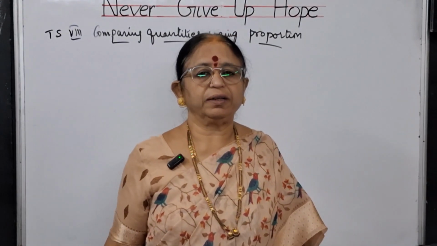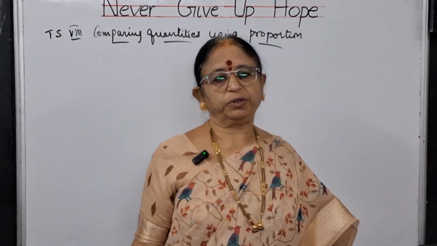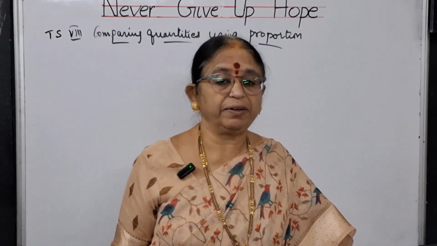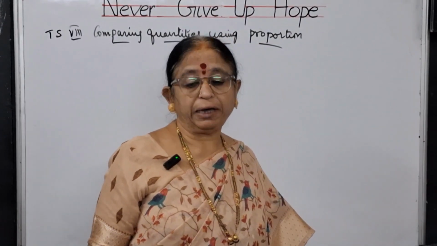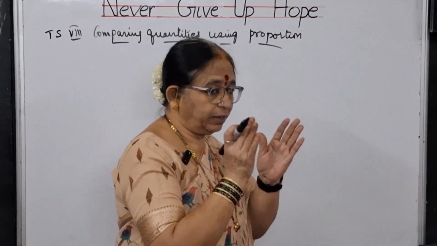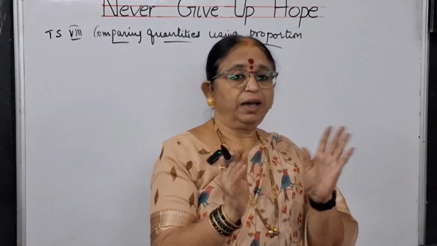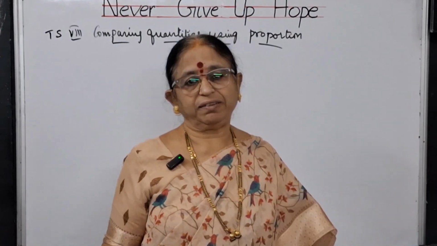Now I am doing 8th class maths, comparing quantities using proportion, a new chapter I am dealing with. In this new chapter we are talking about comparing quantities. Comparing quantities means you are taking certain values and finding out which is greater and which is lesser.